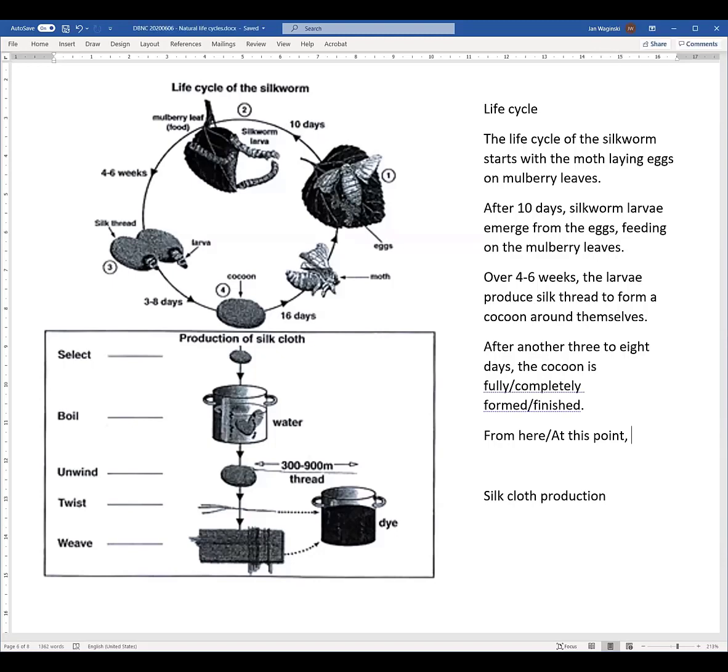Yes, it completes to the moth. Either it completes to the next step or production of silk clothes starts. Either the cycle begins anew or silk clothes are being produced.